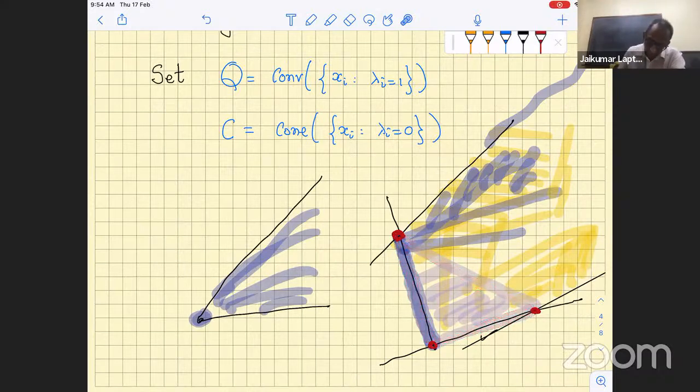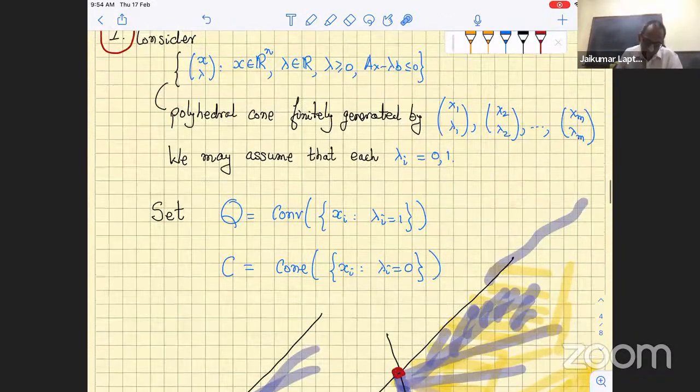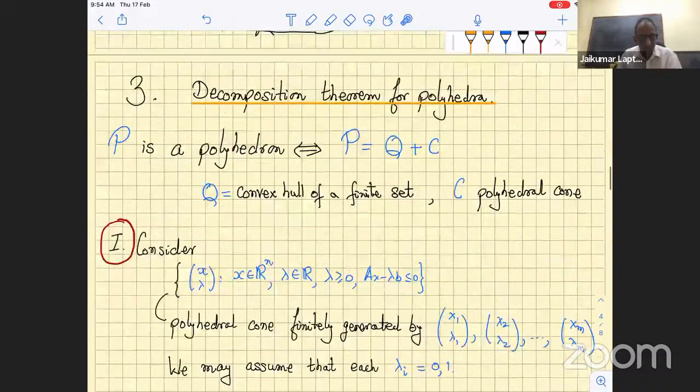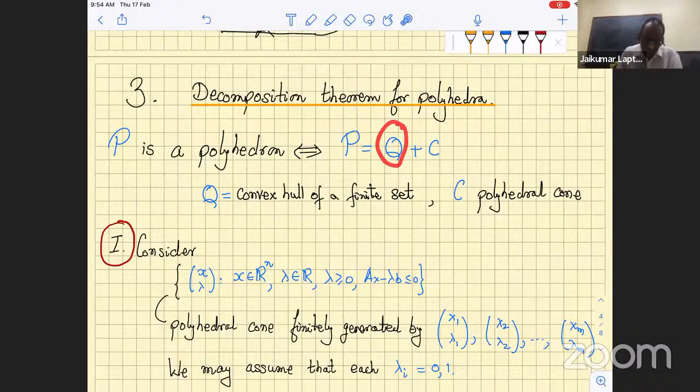Okay, so with this sort of some feeling for what polyhedra look like, let us review this claim. Any polyhedron has a finite part, which is a bounded polyhedron, which is generated. We explicitly say that it's a convex hull of a finite set of points, and it has an unbounded part, which is described by a single cone.